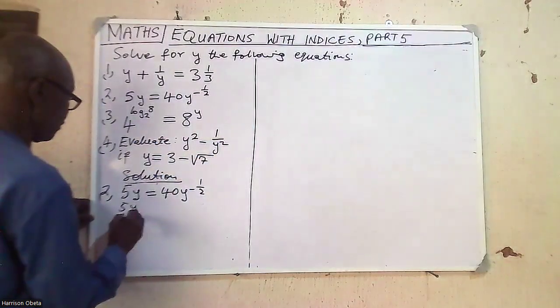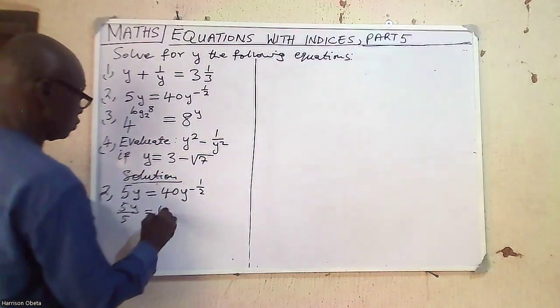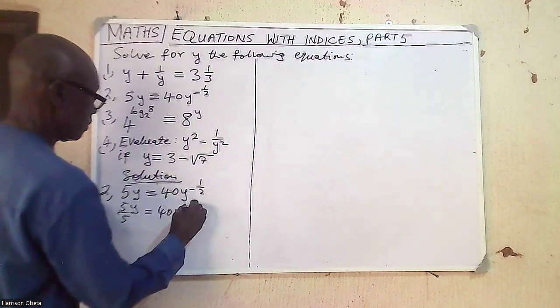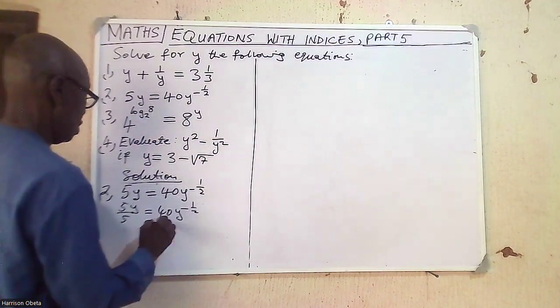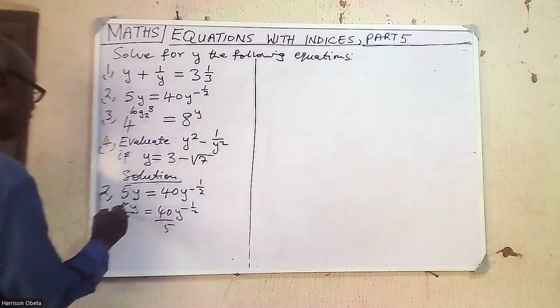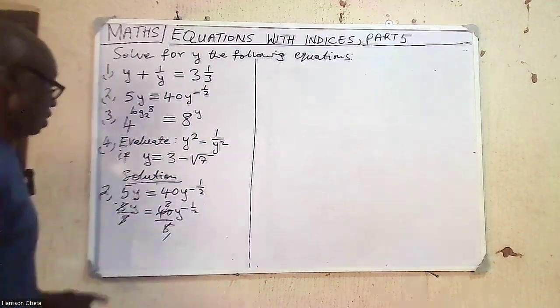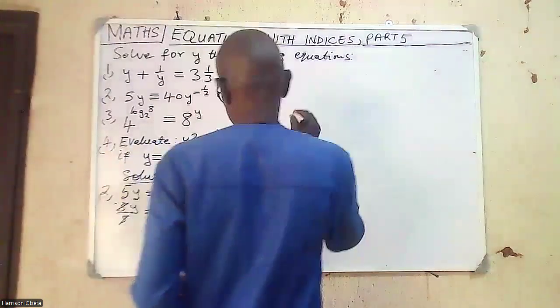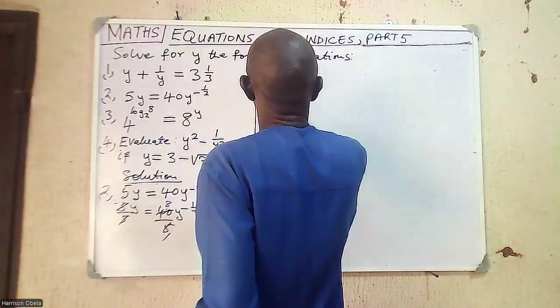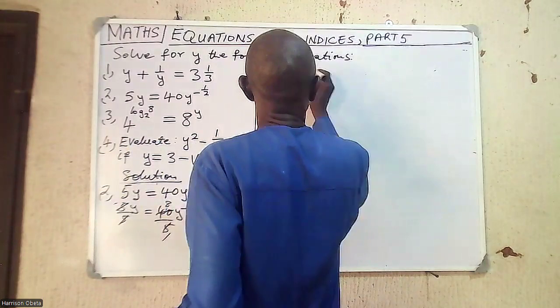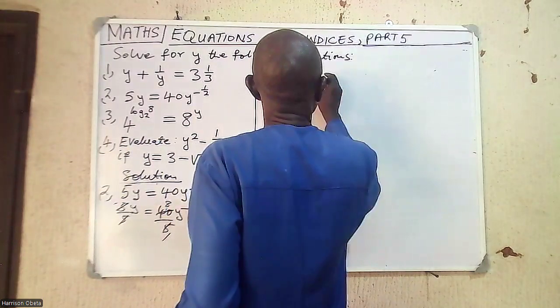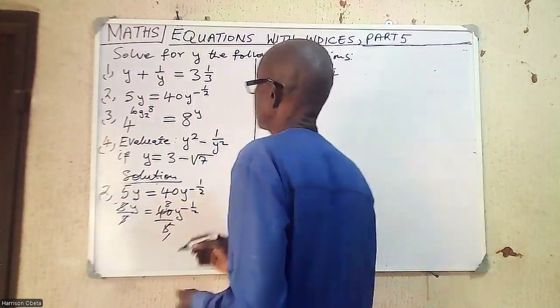So 5y over 5 is equal to 40, y raised to minus 1 over 2, all over 5. We divide, this is 1, this is 8. So from here we have y is equal to 8, y raised to minus 1 over 2.